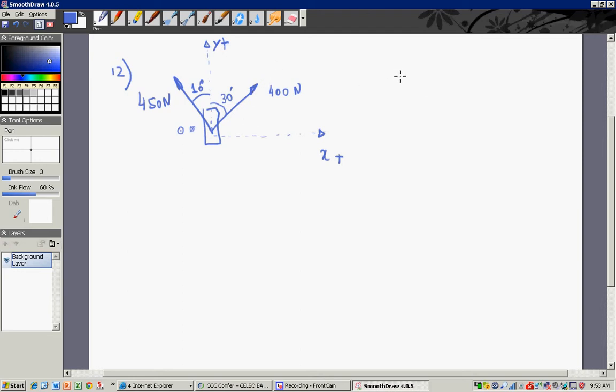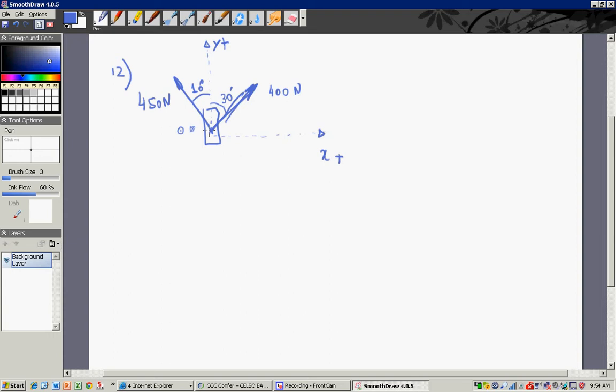Okay. So the problem is asking us to find the resultant of these two forces. How do we do that? When you find the resultant, we have to play with projections. If these vectors represent the magnitude of these two forces, adding them wouldn't be a problem.